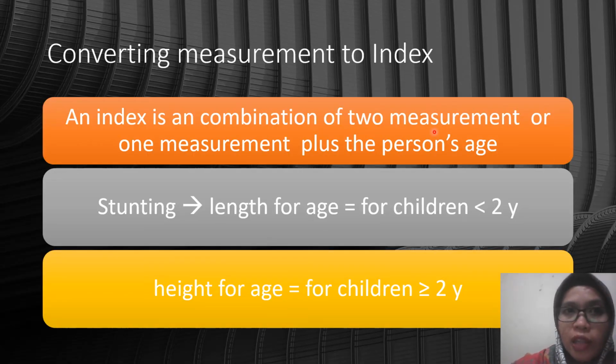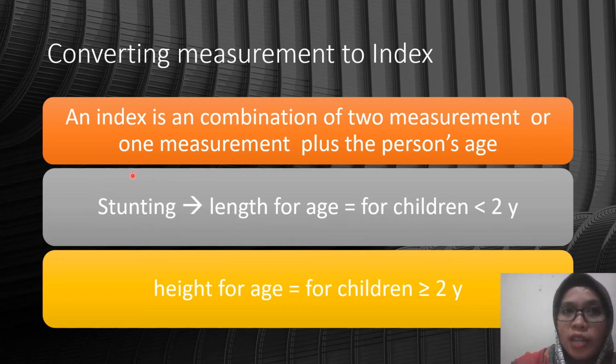After measuring length or height, the next step is converting measurement to index. An index is a combination of two measurements or one measurement plus the person's age.